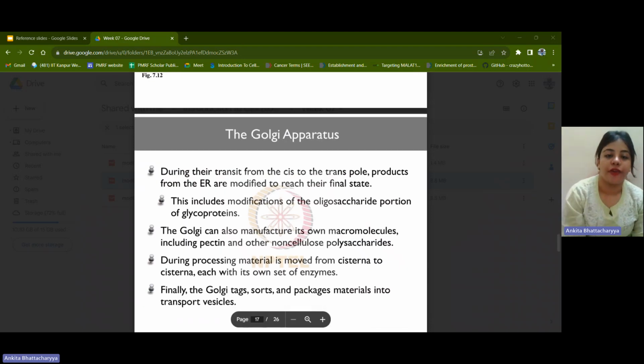So during their transit from the cis to the trans side, products from the ER get modified to reach their final state. So what you got from the ER undergoes modification during this entire transport process. What this includes are modifications of the oligosaccharide portion of the glycoproteins. So glycoproteins have a sugar entity attached to them, and that sugar entity also undergoes several modifications based on what its job is or where it has to go when it reaches the Golgi.